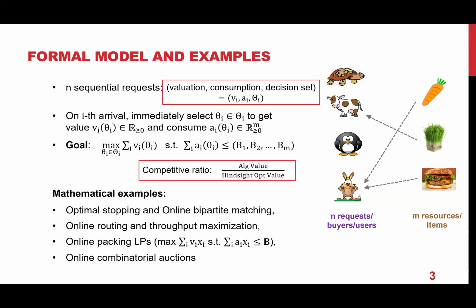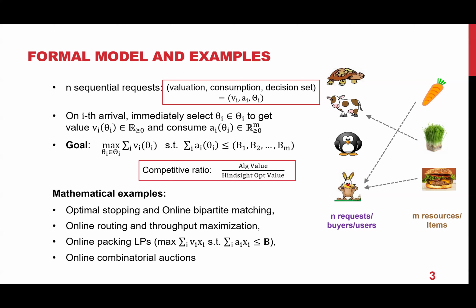Online packing LPs. Here, the setup is usually that you want to maximize some v transpose x subject to Ax less than b. So the ith request is basically the ith column of the constraint matrix arriving. The ith column is a_i. You need to immediately set x_i, let's say x_i is between 0 and 1. So how much of this column do you want to take so that the budgets are satisfied?